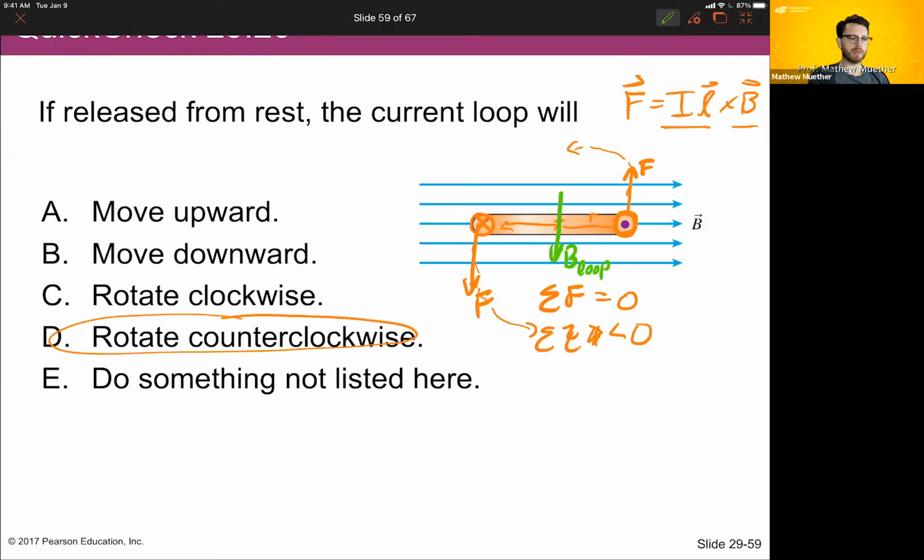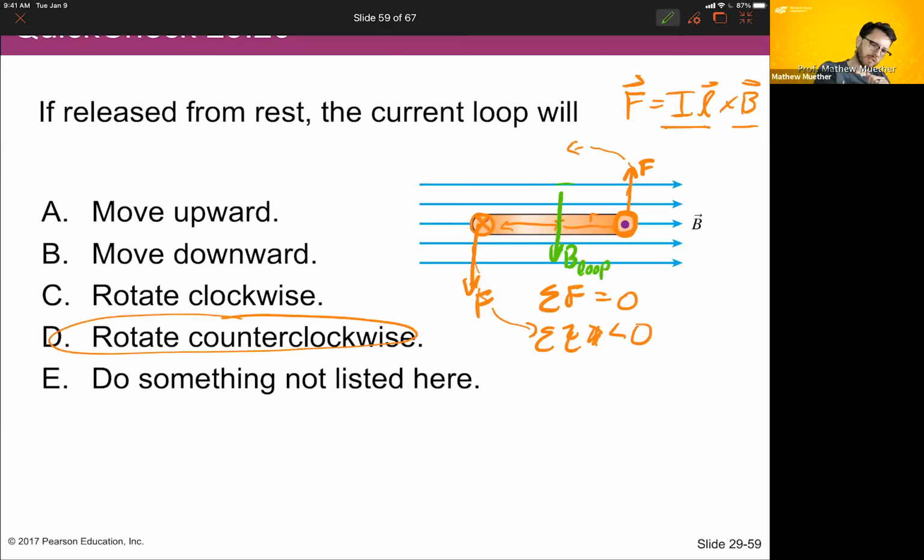And so I could think about that little loop of current generating something that looks like a little permanent magnet. You could think about this kind of like a compass needle. A compass needle is just a little permanent magnet that has a pivot point through the center. And what does that compass needle do? It always wants to rotate to align itself with the external magnetic field.